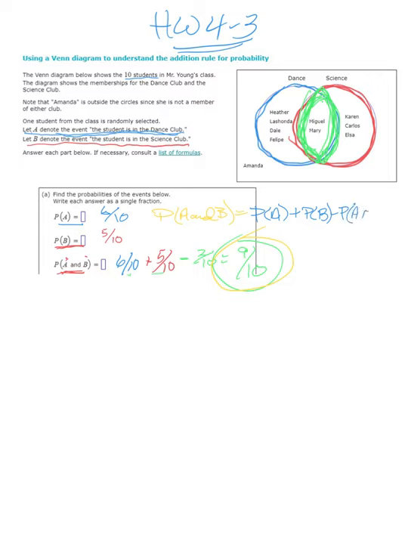And this is the symbol we use for intersection. Probability of A plus the probability of B minus their intersection will tell me the probability of A and B. Or you might see it written this way, A union B. Same thing as A and B. All right, let's go to the next one.